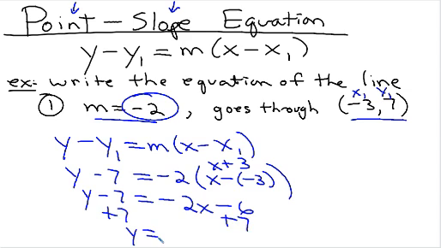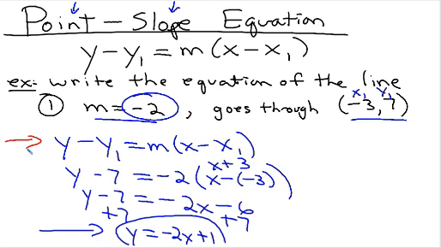Y equals -2x plus 1. All right? Using the point-slope equation. We're going to have problems tonight where I want you to use the point-slope equation. If they tell you to write the answer in slope-intercept form, we did. We wrote it in slope-intercept form, but we used the point-slope equation to get there.